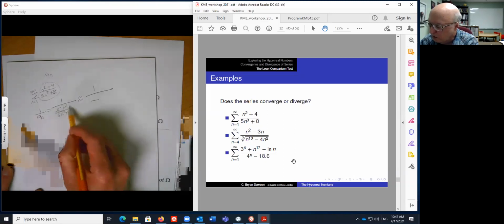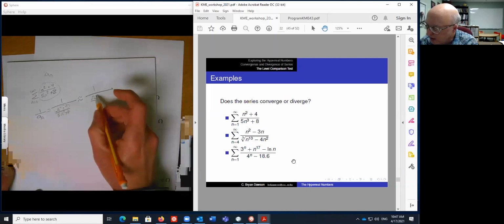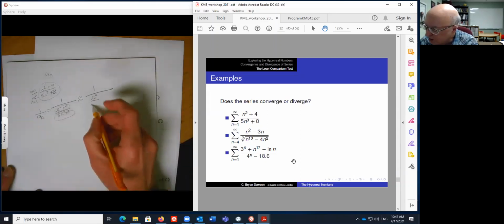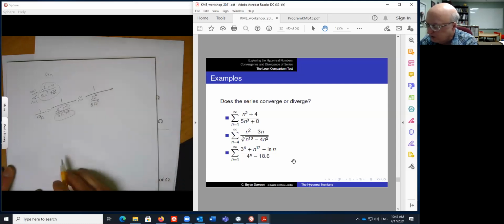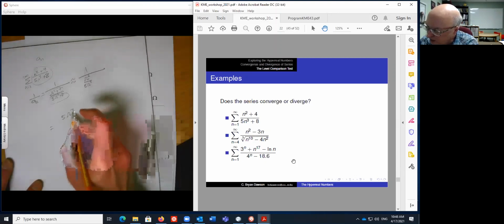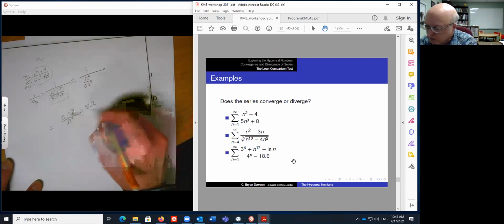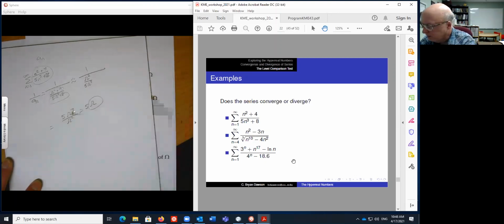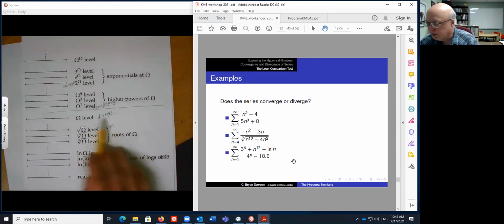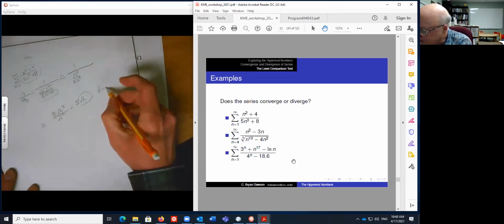So your capital omega squared plus 4, like we were doing earlier, would be like your capital omega squared. In the denominator, that's approximately 5 capital omega cubed. So that would give you 5 omega cubed over omega squared, which is 5 omega. So it's on this omega level. And then you can come over to your chart and say, okay, that one diverges. And you would conclude that it diverges.